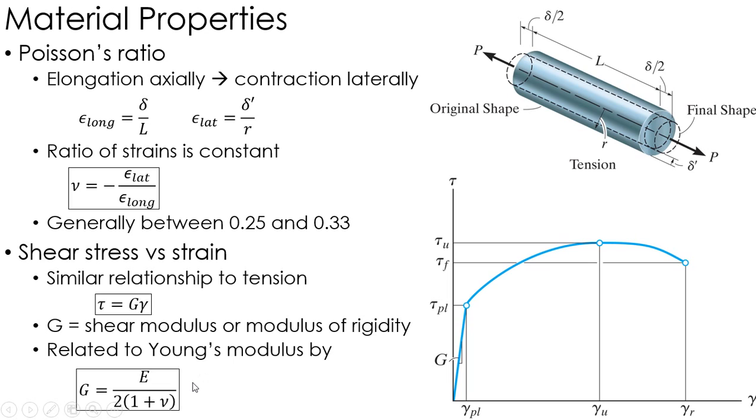Again, we're going to come back to this later on, just like Poisson's ratio and some of the limits, when we talk about generalized Hooke's law much later in chapter 10. But for right now, just recognize that we also have a shear modulus and that it's related to Young's modulus by Poisson's ratio, which again is the ratio of lateral and longitudinal strain.